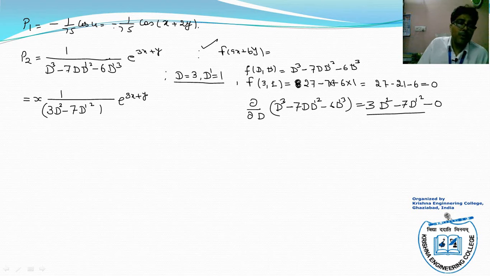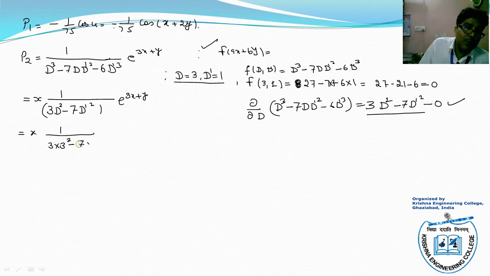Again we check, in this form our f of D comma D dash is this. So 1 upon, replace D by 3, so this becomes 3 into 3 squared minus 7 into D dash, which is equal to 1, e to the power 3x plus y.